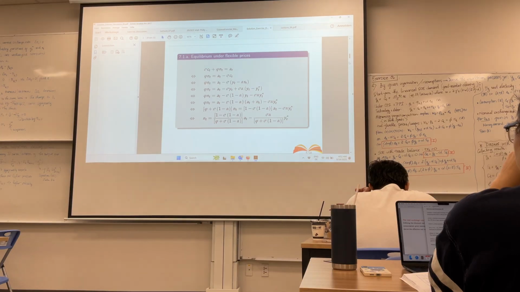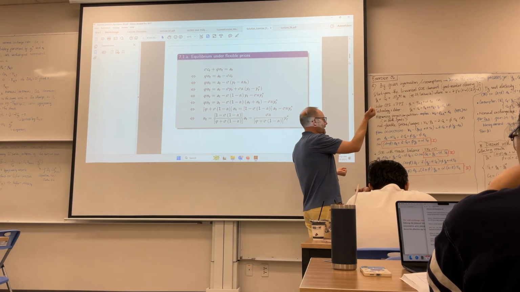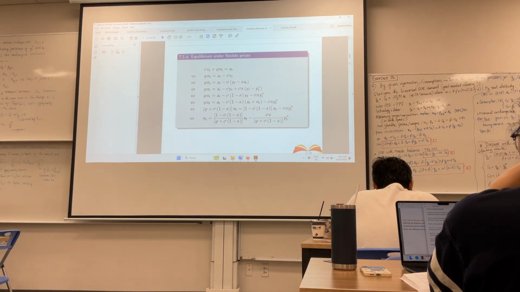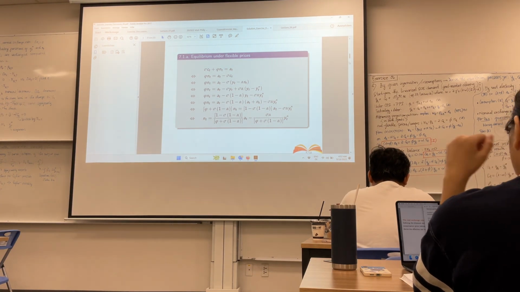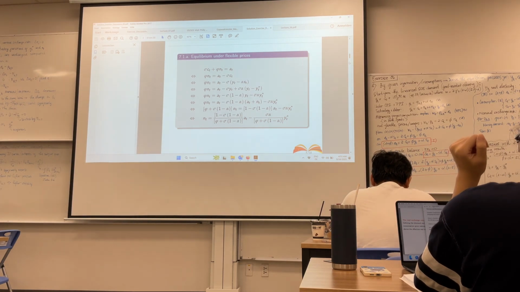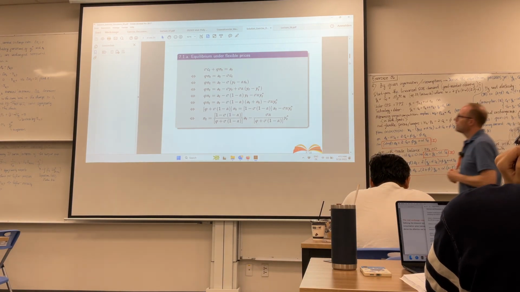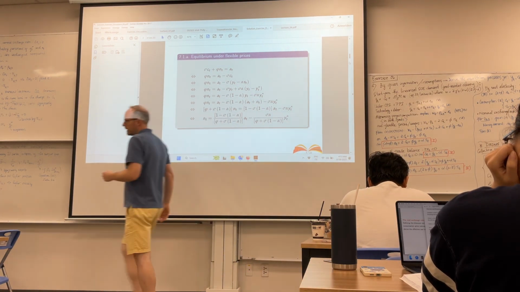And then we either keep the money supply constant and foreign demand goes up. This is going to push the exchange rate down and appreciate our currency.